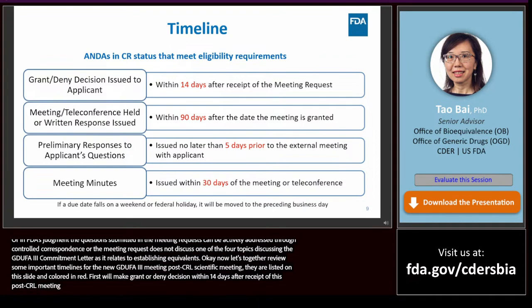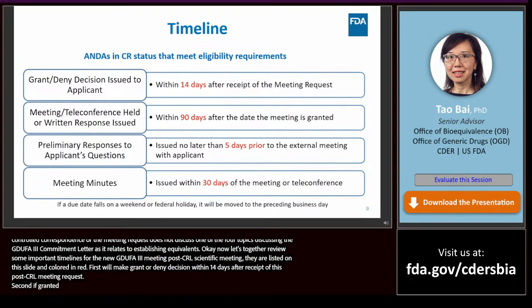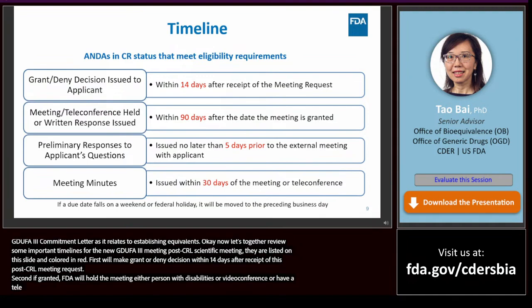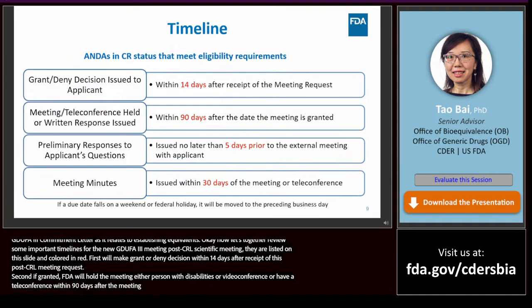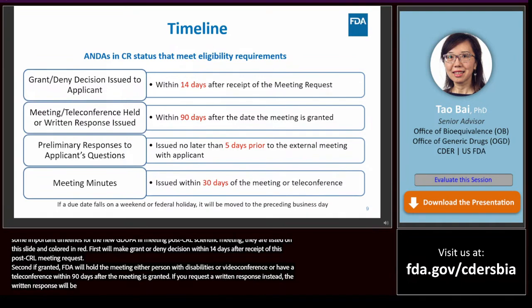Second, if granted, FDA will hold the meeting either in person or by video conference or teleconference within 90 days after the meeting is granted. If you request a written response instead, the written response will be issued within 90 days after it is granted as well. Here, please note that it is 90 days after the meeting is granted, not 90 days from when the meeting request is submitted.